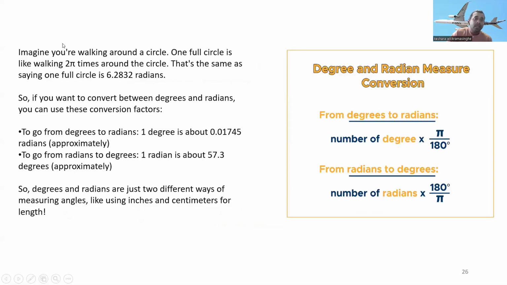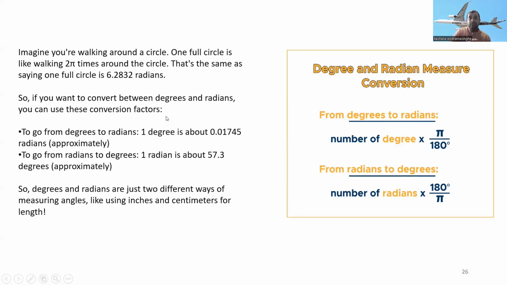Now imagine you are walking around a circle. One full circle is like walking 2π times around the circle. So that's the same as saying one full circle is 6.2832 radians, because π is 3.142. If you want to convert between degrees and radians, you can use conversion factors.